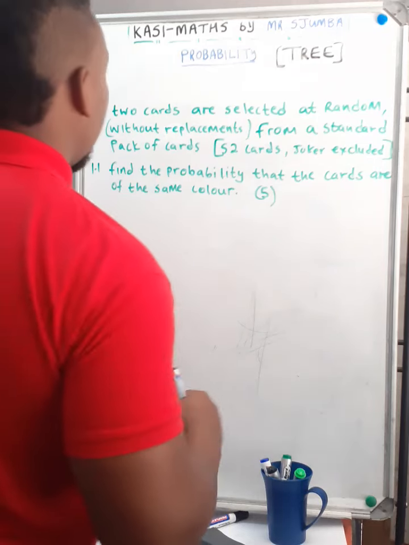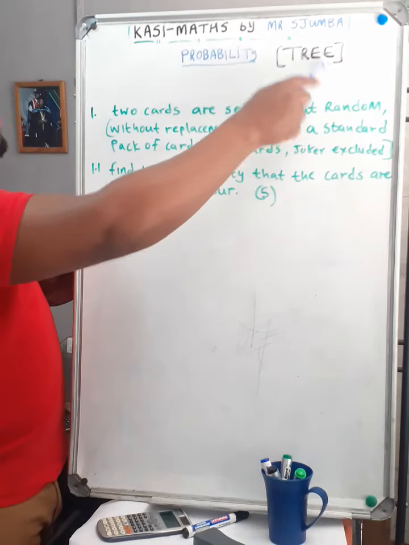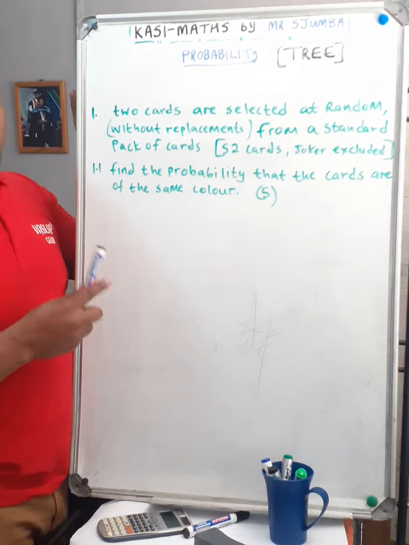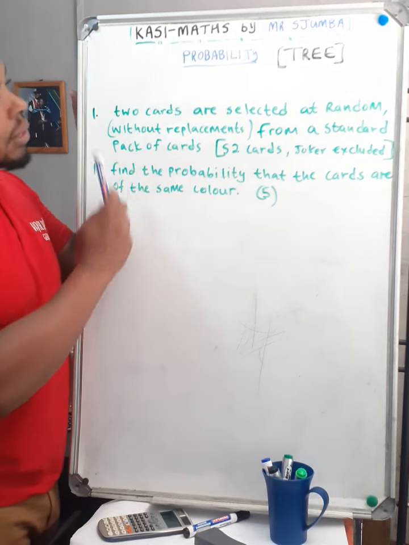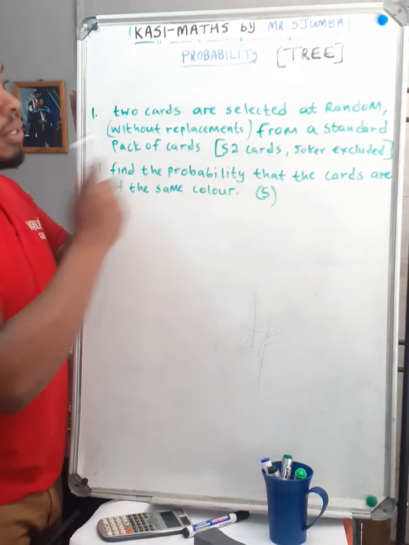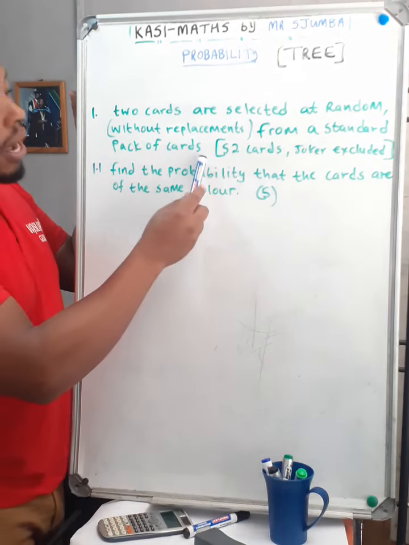Right, so with probability, that includes a tree diagram. The question goes as follows: two cards are selected at random without replacement from a standard pack of cards.